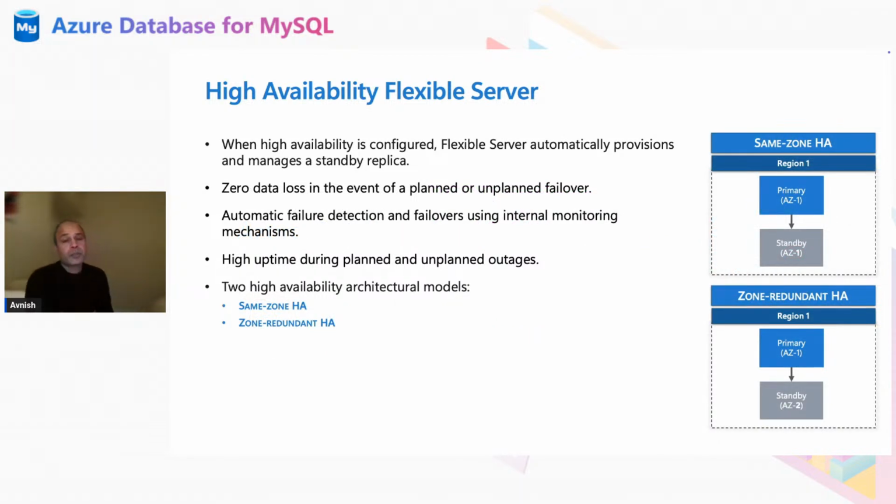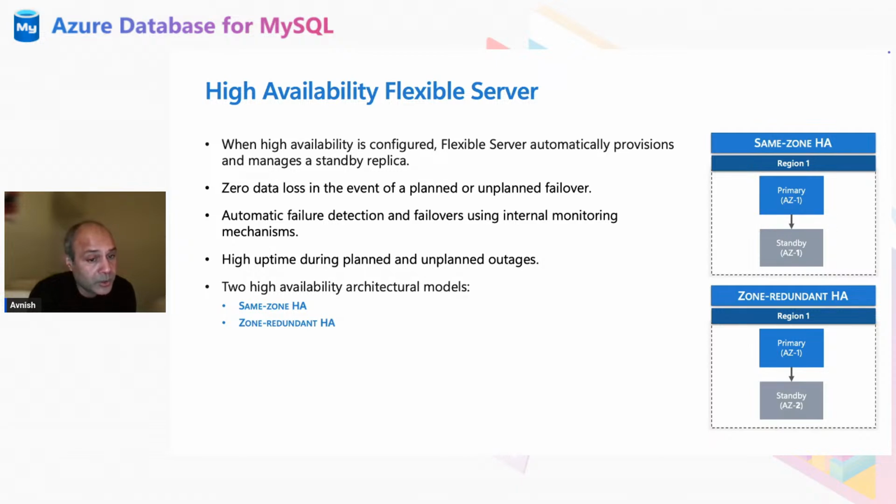There are two aspects of business continuity. One is high availability, which gives you protection against outages. In Azure MySQL, we support two HA configurations. In either scenario, we support zero data loss failover, whether it's a planned or unplanned failover.